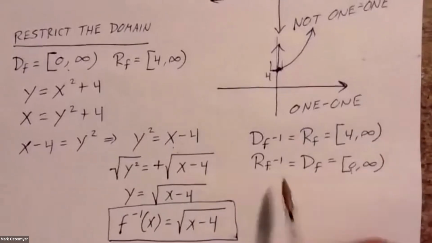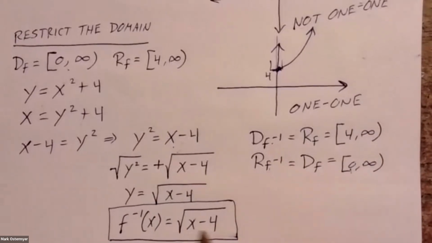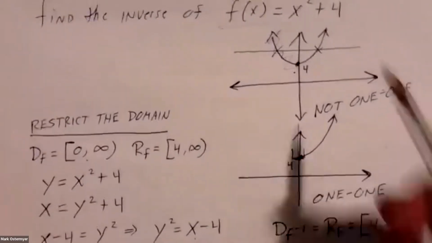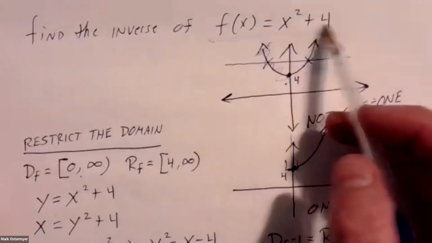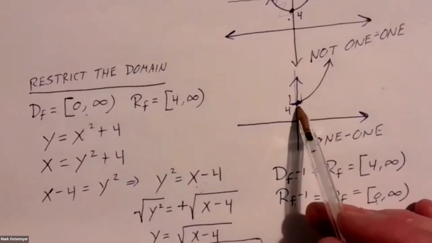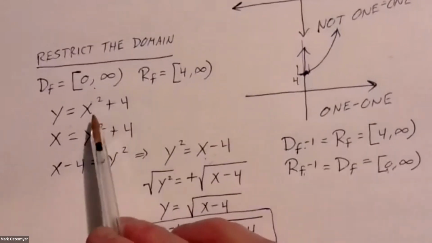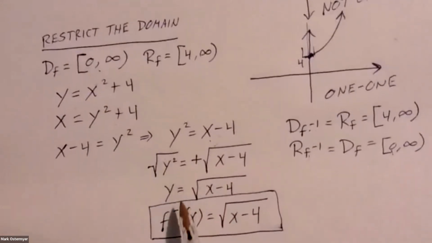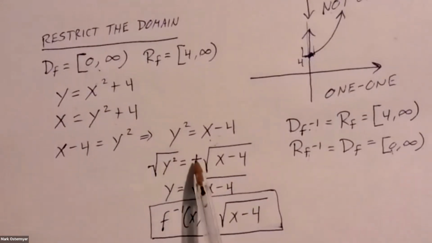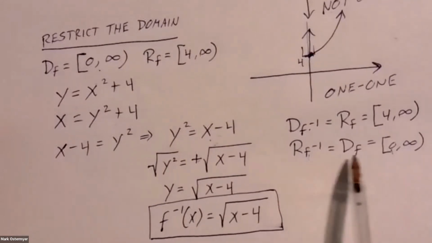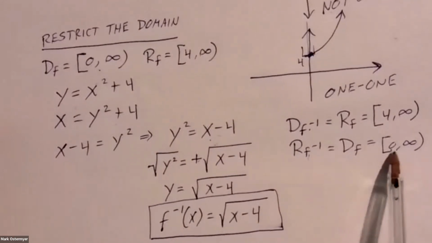And this is the domain and range of my inverse function. Any questions on how I found the inverse of this quadratic function here? By first restricting its domain so that it's one-to-one, and then going through the steps I laid out several pages back on how to find the inverse, and then realizing that when I take the square root of the right side of this equation, it must only be the positive square root because the range of my inverse function must consist of only non-negative real numbers.